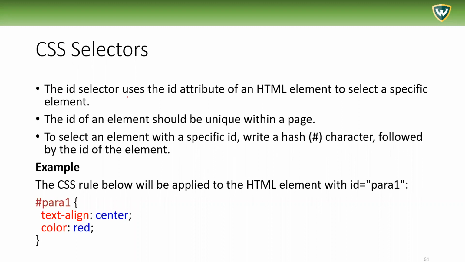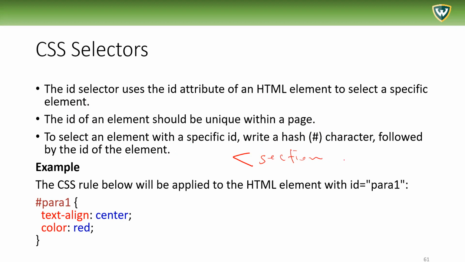Notice that the ID selector uses the ID attribute of an HTML element to select a specific element. The ID of an element should be unique within a page. To select an element with a specific ID, write a hash character followed by the ID of the element. So if you remember, we had some tags that had, for example, section or ID.